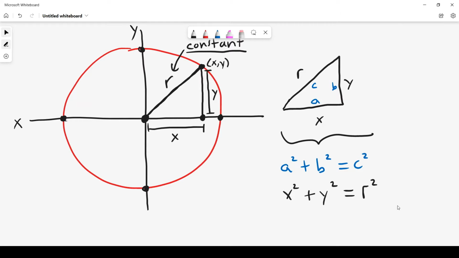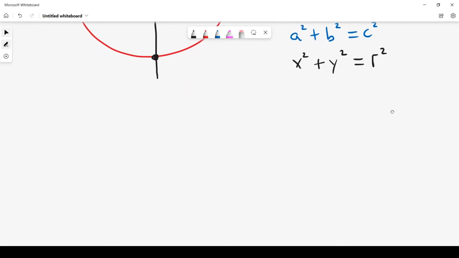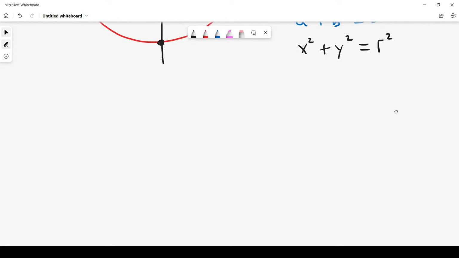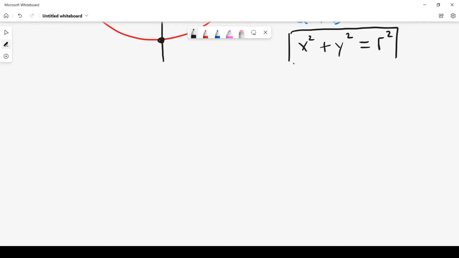Now the jump from circles to unit circles is quite simple. If we want to talk units, we want to make stuff easy on ourselves. We want to think in values of 1. So from our function of x squared plus y squared is equal to r squared, let's just make that constant r equal to 1.